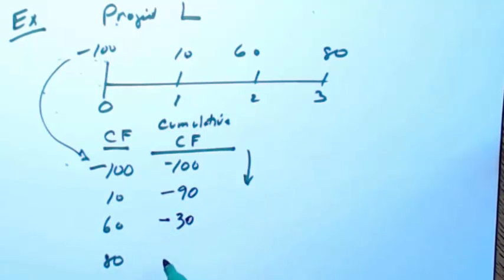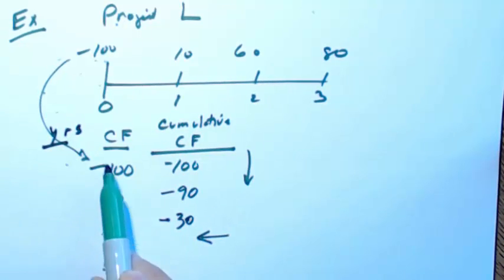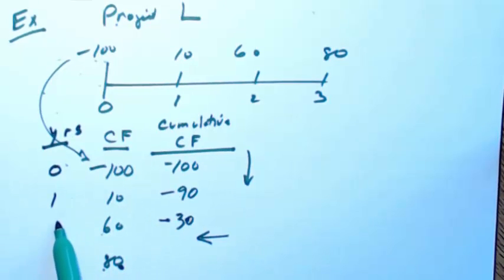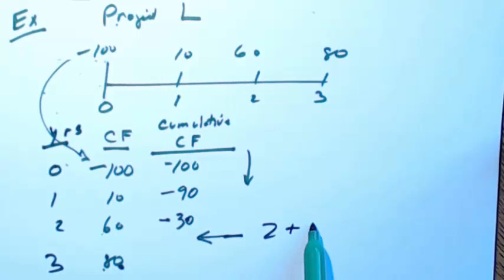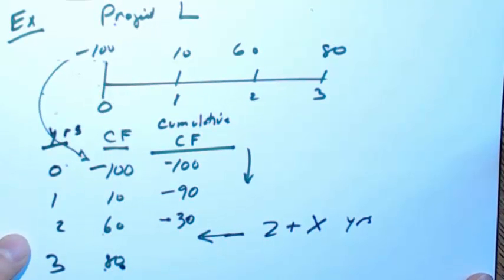And now, when you add this next $80, you dig yourself out of the hole somewhere between 60 and 80, which, by the way, think of it in terms of years here. This is 0, 1, 2, 3. Somewhere at 2 plus X years, we pay ourselves back according to this calculation.